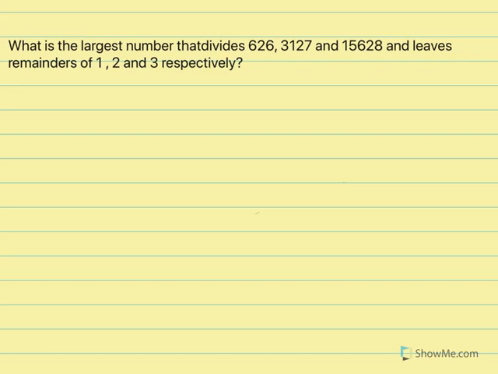Which is the largest number that divides 626, 3127 and 15628, leaves remainder 1, 2 and 3 respectively. The largest number that divides 626, in the first case leaves remainder 1.